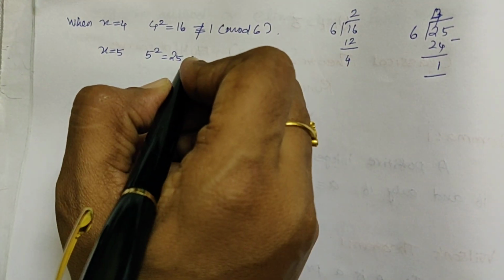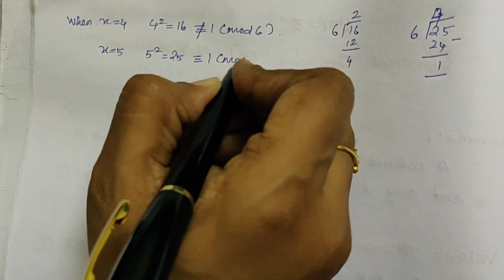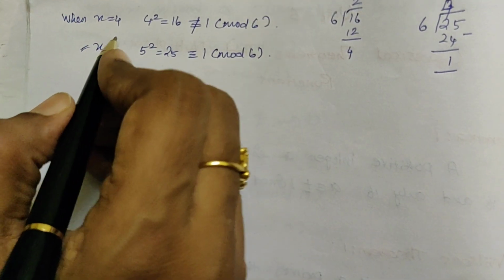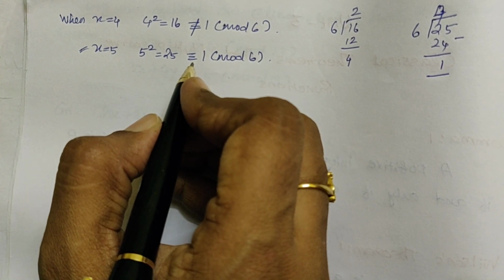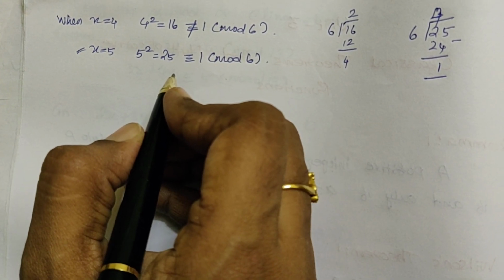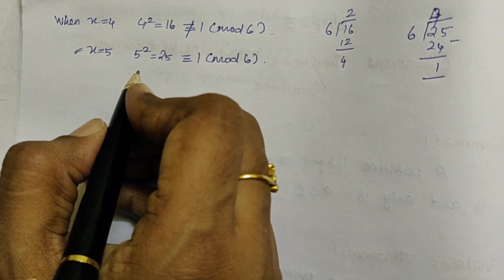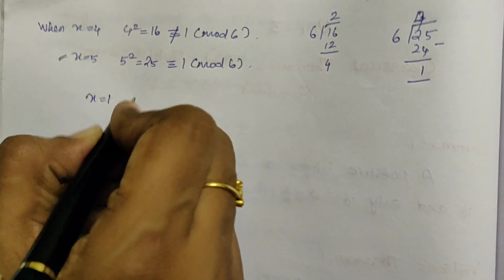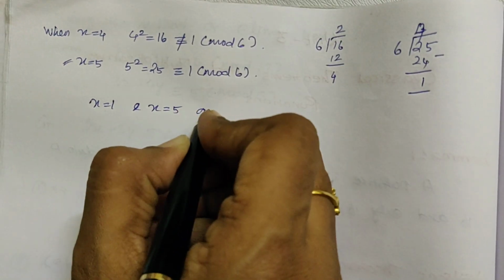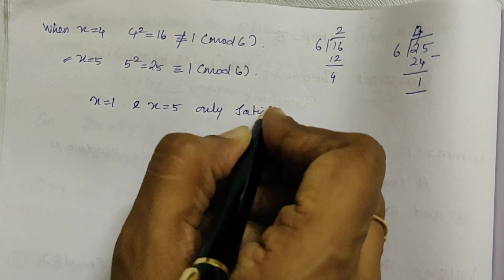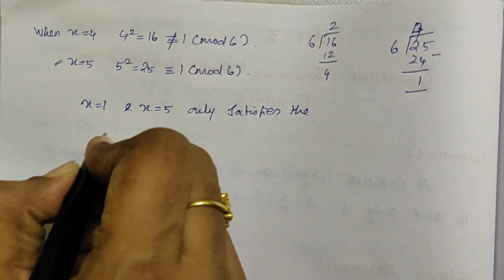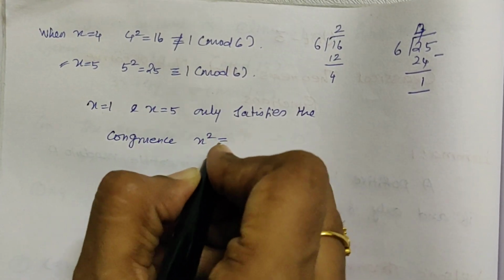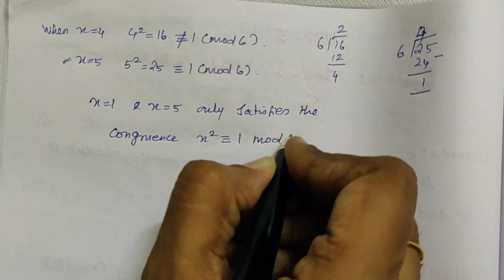So 5 squared is congruent to 1 mod 6. So x equal to 5 satisfies the condition. So for x equal to 1 to 5, only x equal to 1 and x equal to 5 satisfy the congruence relation x squared congruent to 1 mod 6.